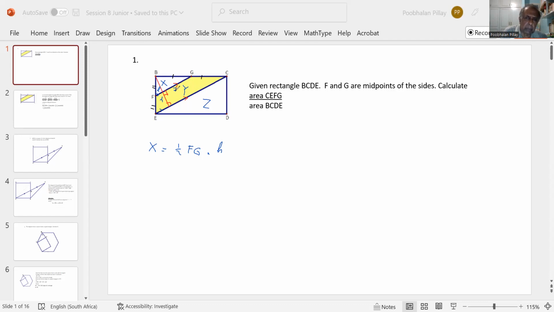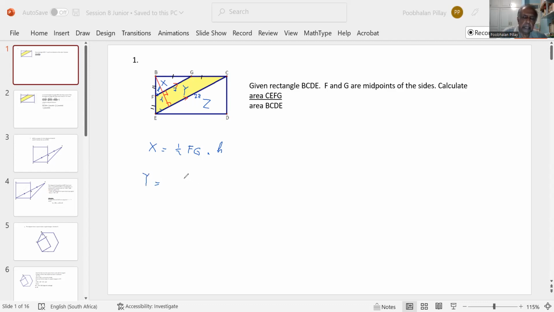Sorry, I'm using the same symbol, but I'm using a small letter z now. And we also said from the midpoint theorem that this line here, FG, is half this. That's the midpoint theorem. So if this line is Z, then this entire line here, which happens to be the diagonal of the rectangle, is twice Z. Okay? So that means now we can calculate Y.